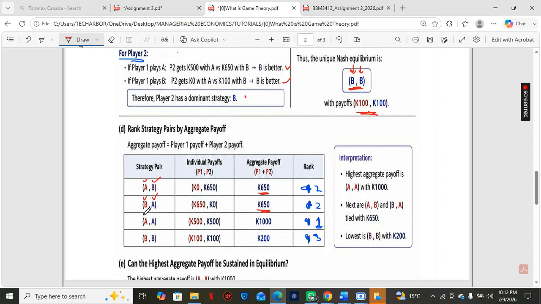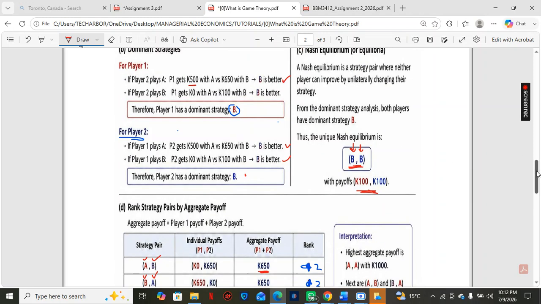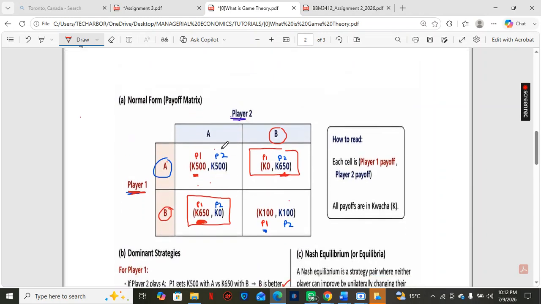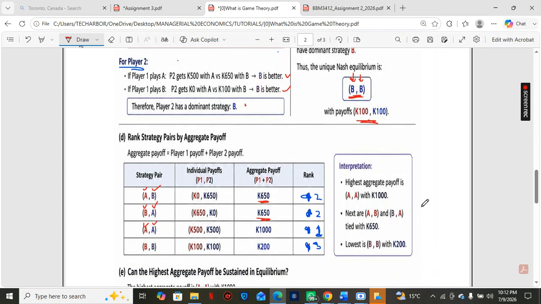If player one chooses strategy A and player two chooses strategy A, both on strategy A, it's this one. The total payoff is 500 plus 500, that is 1000.